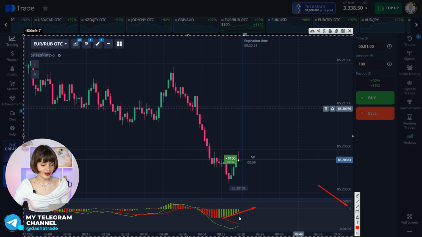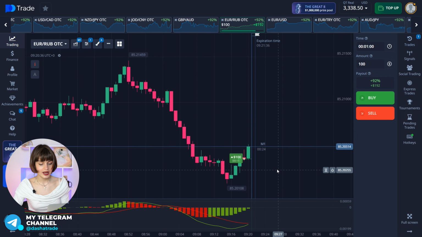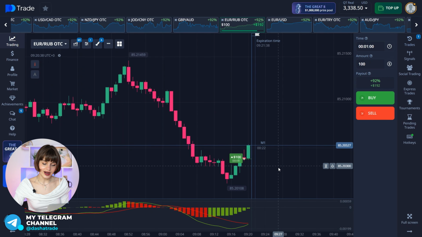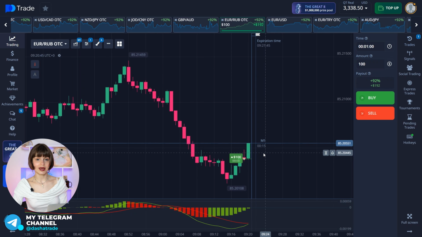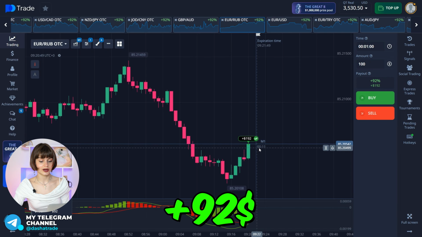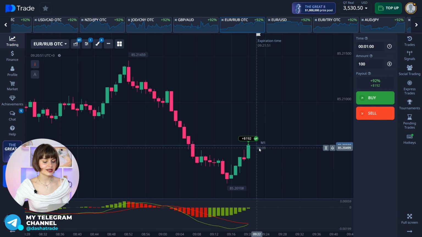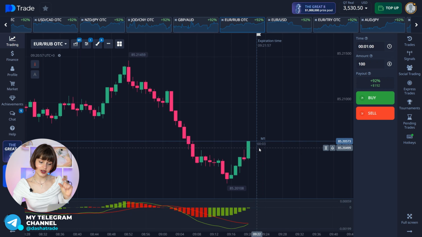And also look closely at the intersection of moving averages. As soon as an intersection of two moving averages occurs, this will also confirm that the trend has continued, or the continuation of the trend will begin, and you will be able to earn. And here I opened the deal with a slight lead, so I saw there is an increase in volume, and each one is higher than the previous one, and also there is a narrowing of two moving averages.